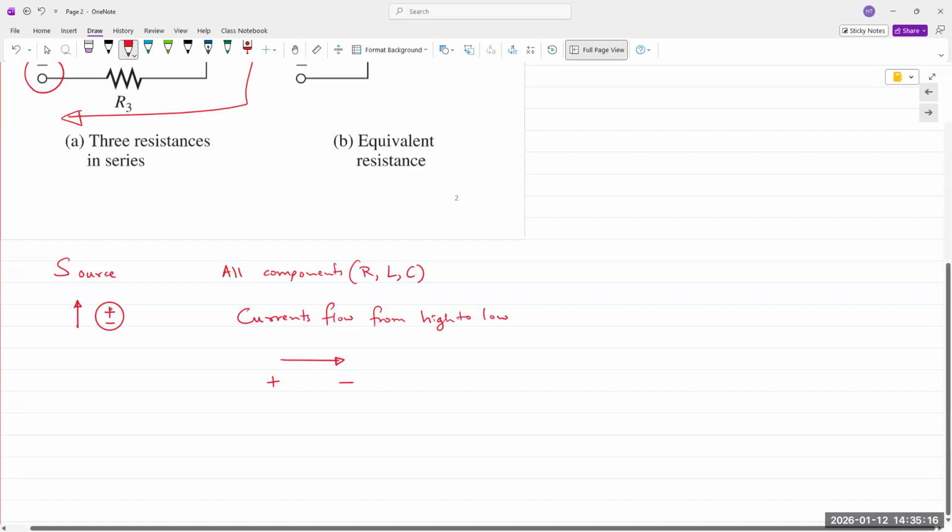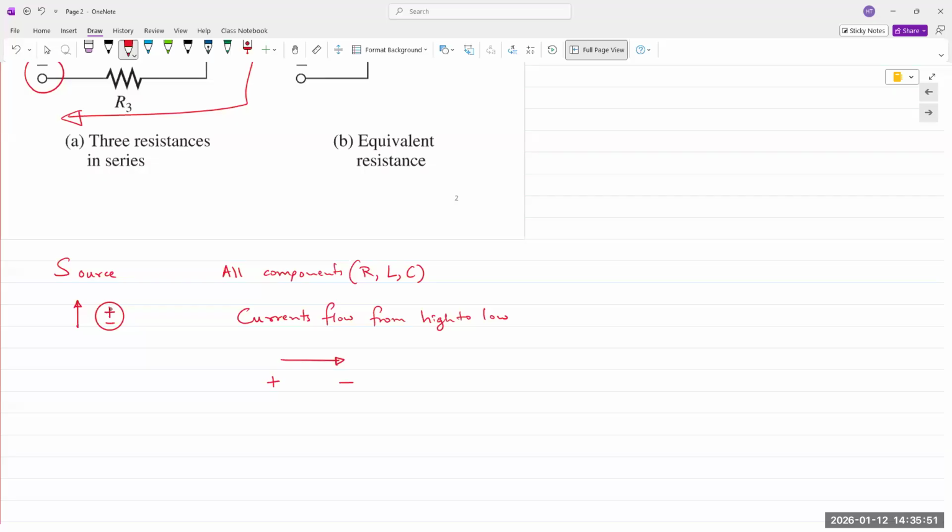Plus indicates the higher end of the voltage. So current for a resistor always goes from plus to minus, high to low. The flip side of that is, if you have a current flowing from left to right, then the voltage polarity is plus on the left, minus on the right. If the voltage polarity is minus on the left and plus on the right, current is flowing in the opposite direction.